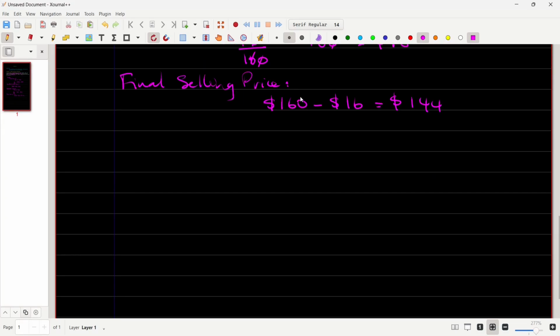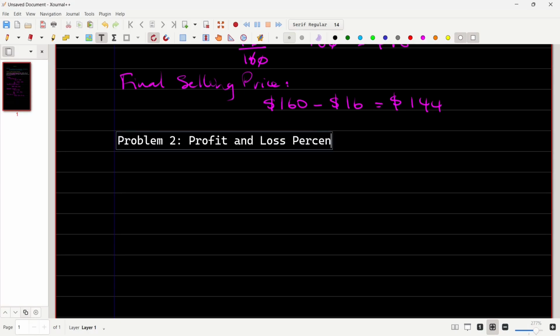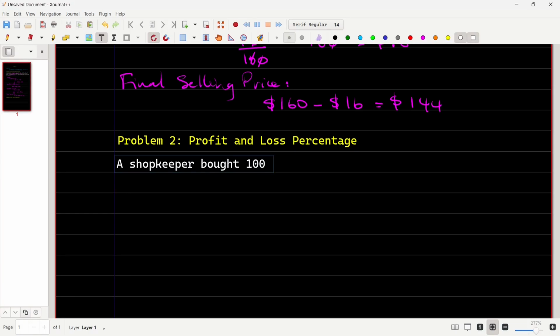Okay, let's go on to another problem. And again, put it in yellow. So problem number 2, we say profit and loss percentage. And the problem is as follows. A shopkeeper bought 100 pens at $2 each.